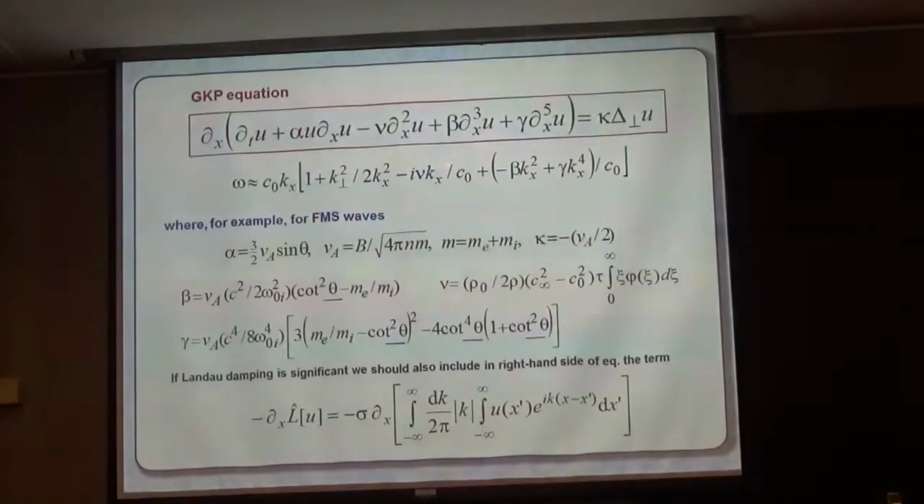The term proportional to the second derivative in this equation describes dissipation of viscous type, and if Landau damping is significant, we should also include in the right-hand side of the equation this term.